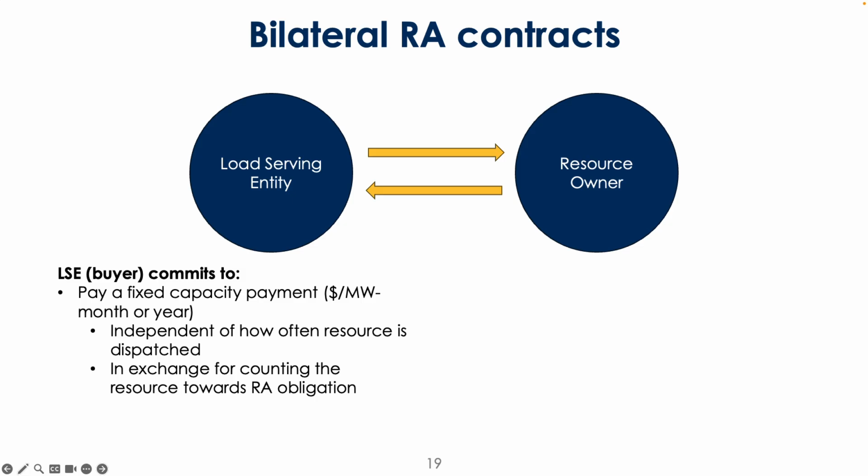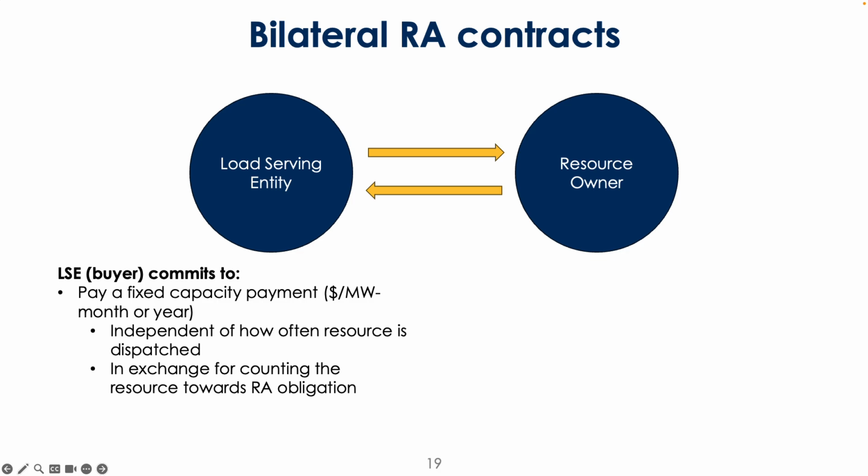The load serving entity, as a buyer, is committed to paying a fixed capacity payment to the resource owner. And that is through this contract that's totally independent of how often this person even provides electricity, right? Regardless of whether or not they're producing electricity, the load serving entity is like, well, at least I know that you have capacity that can provide to the market.